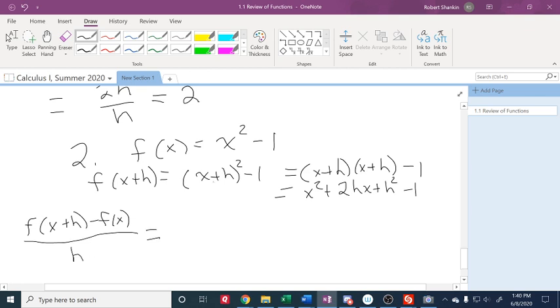Now, we're going to finish this up. I'm going to substitute for f of x plus h, I'm going to put this whole thing right in there. I'm going to put it in brackets.